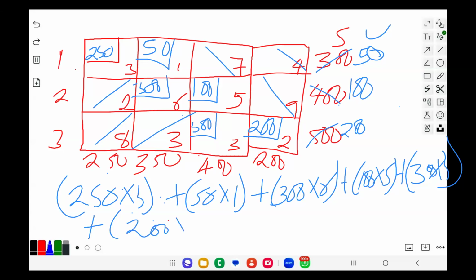So when you do your consolidation, this will be 750 plus 50, that will be 800. This will be 1,800, since 300 times 6 is 1,800.